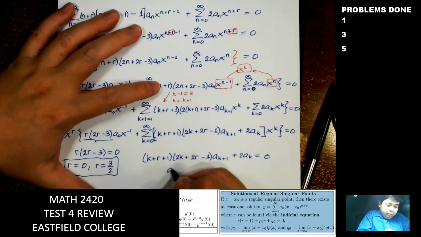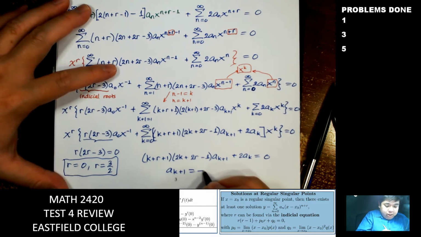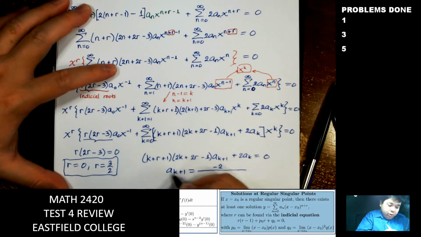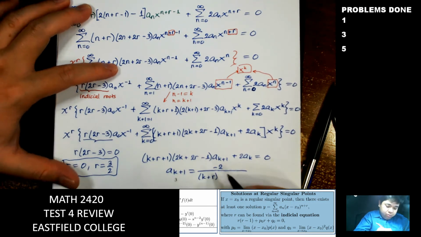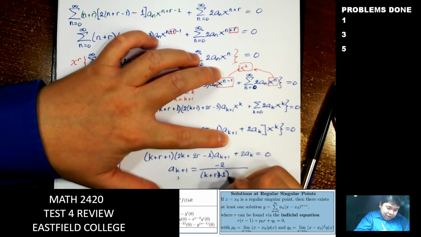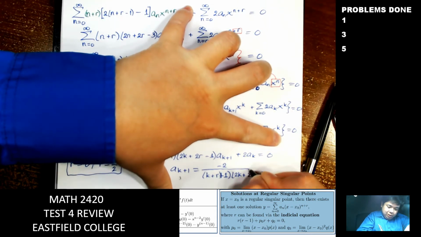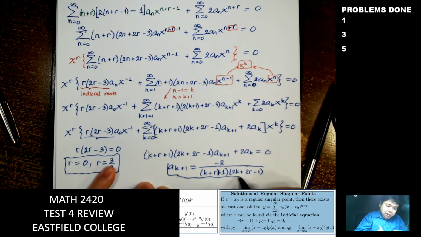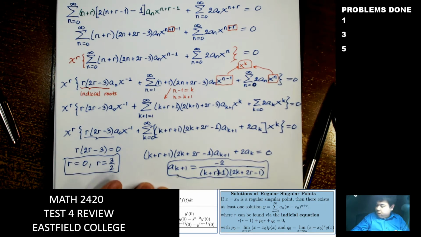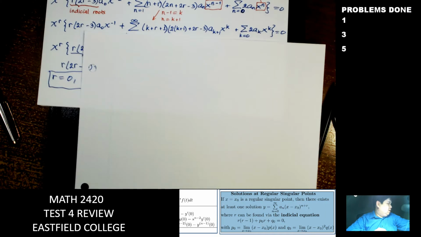So we have a of k plus 1 equal to, right, it's going to be -2 over all of this, plus 1. Right, there's a plus 1 here, sorry. This needs more space now, so I attach space here.